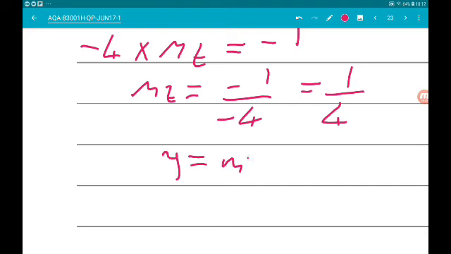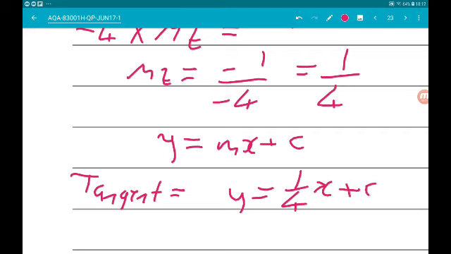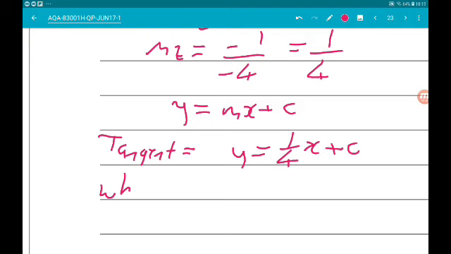y is mx plus c. We now know m, so the tangent is y equals 1/4 x add c. To find c, we substitute in the coordinates that we know lie on the line. So -1, 4. So when x is -1, y is 4.